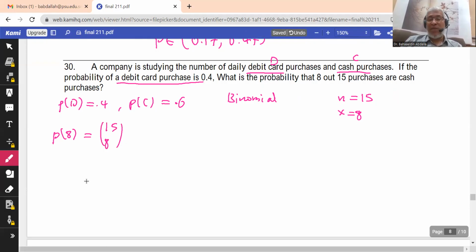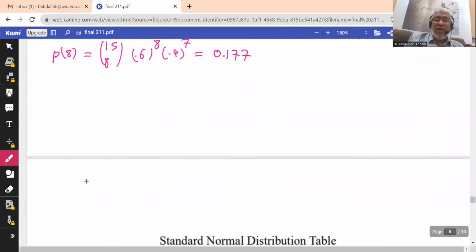What is the success here? Cash. So 0.6 is the success. This is the probability of success to the power 8, and 0.4 is the probability of failure here, to the power 15 minus 8, which is 7. You just put this in the calculator, and the answer is 0.177.